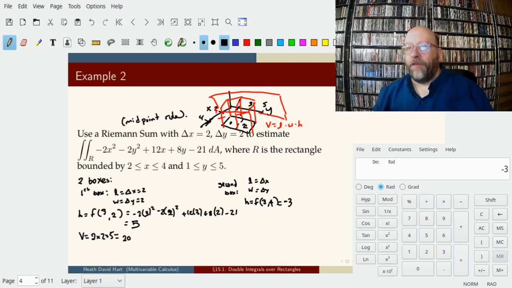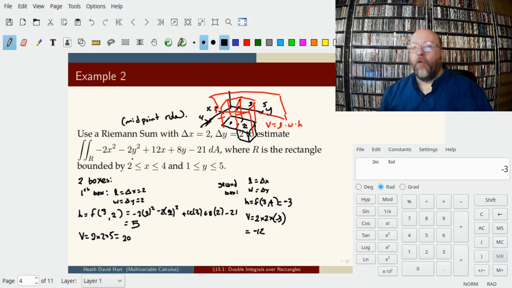So my picture is not very good because actually this second rectangle has a height of negative 3. It actually dips below the xy plane and not above the xy plane. So my picture is not to scale, but that's okay. The volume then is 2 times 2 times negative 3, and that's 4 times negative 3, which is negative 12.